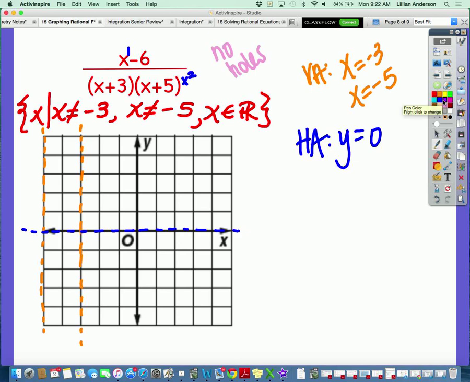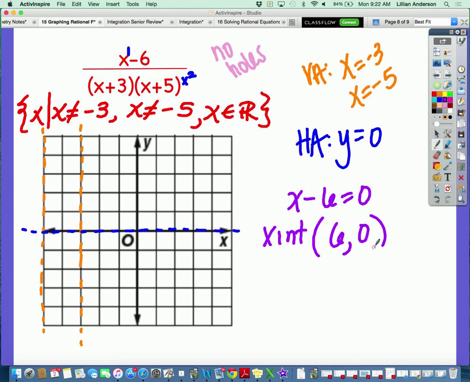How do I find my x-intercepts? And when you do that, you end up getting what for your x-intercept? 6, 0, which actually is going to do what? Touch it. It's going to touch that horizontal asymptote.